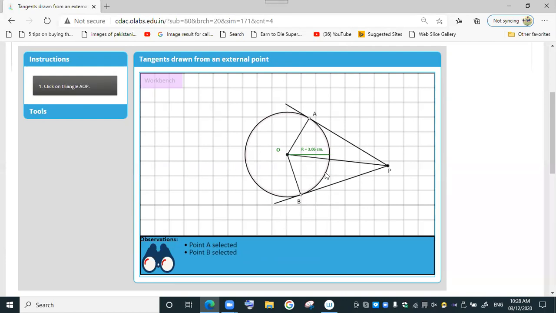Now click on triangle AOP. This is triangle AOP. This is clicked. Okay.